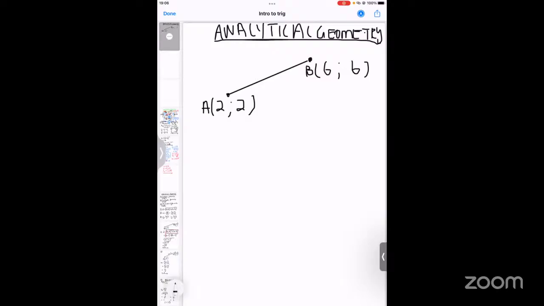It could be any other points, honorable members. I just chose those two points for the purpose of explaining. So the general equation of a straight line looks like this: y equals mx plus c.